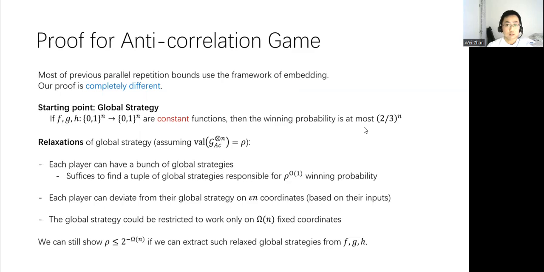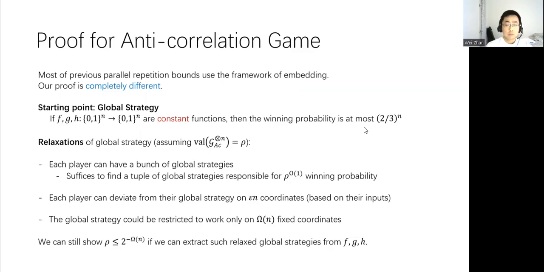And secondly, the global strategy does not have to be extremely strict. Each player on each input can deviate from the global strategy on a few coordinates, say epsilon n coordinates, then excluding all the coordinates where some player deviates, we still have linear in n coordinates to bound their winning probability.